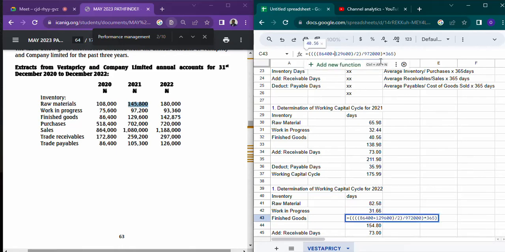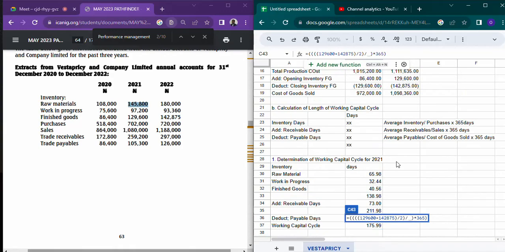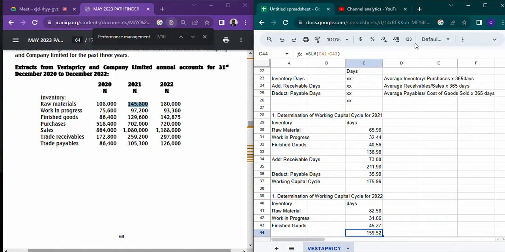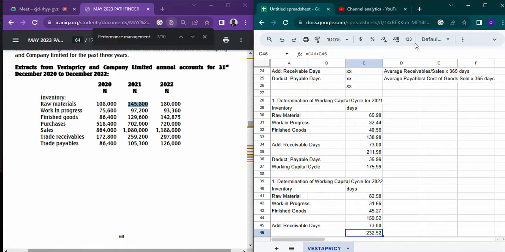Also, for finished goods we have 129,600 plus 142,875, divided by 2. And what is the cost of goods sold? Cost of goods sold is 1,098,360, right? All right.